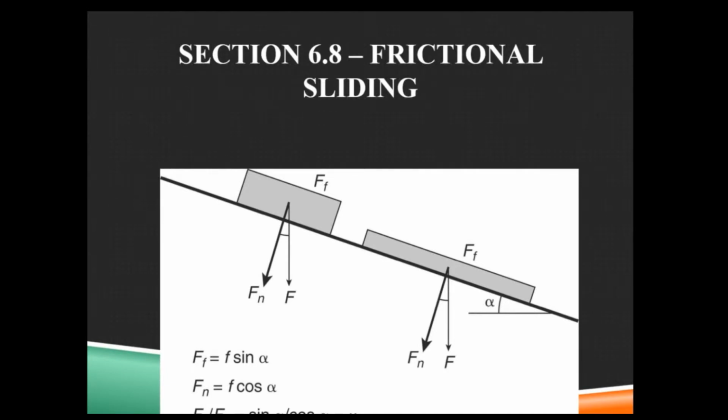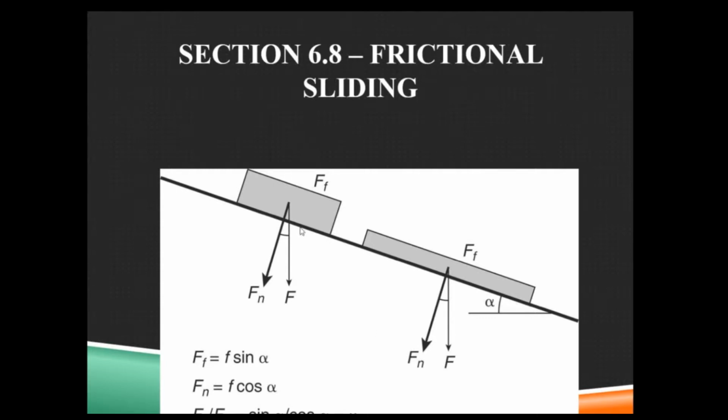Frictional sliding. This one is important, and a couple of key things. You notice these two gray blocks here. One of them is taller, one of them is wider and thinner, much more contact with that inclined plane on that thin one. But they're the same mass, the same weight.